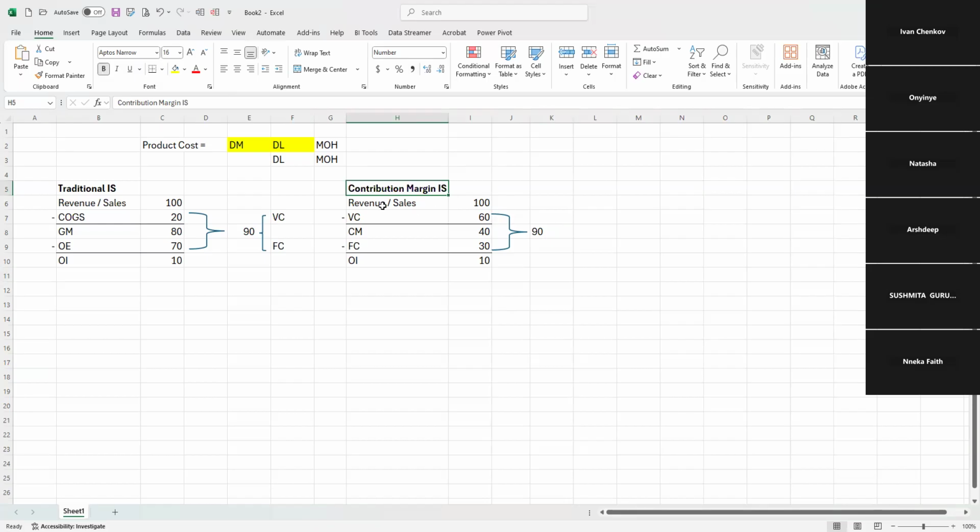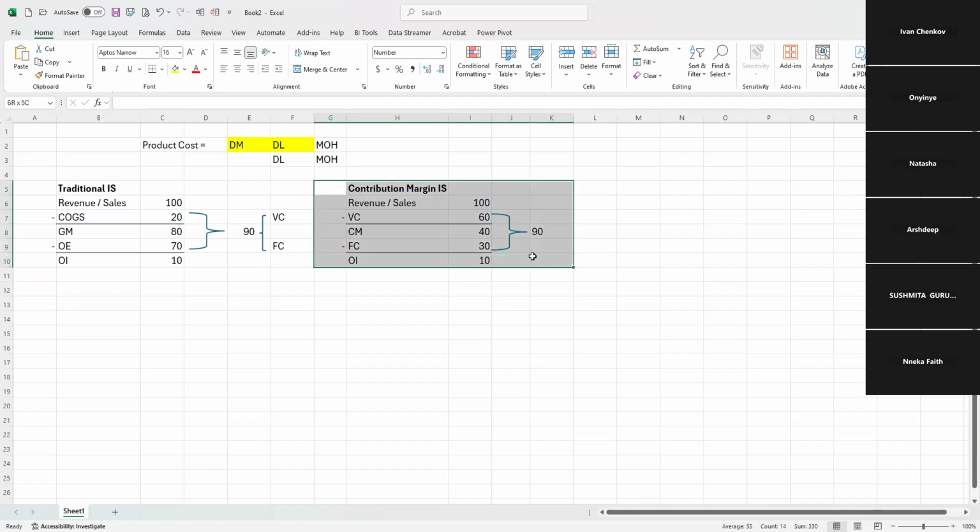Now, today we're going to see for what purpose we need to go to the contribution margin, and how the contribution margin is going to help us find out how we can be more profitable and understand where the profit comes from. Before we do that, let's go with a simple observation of this statement.